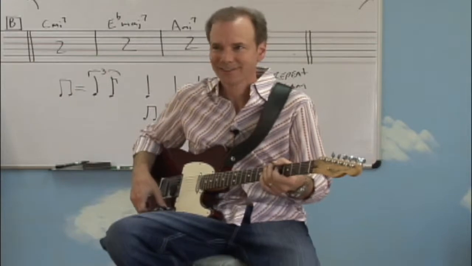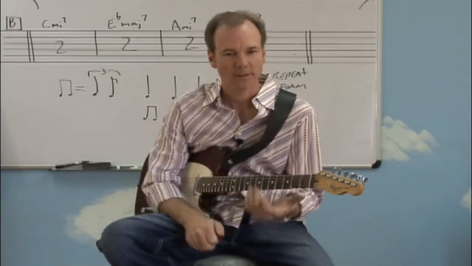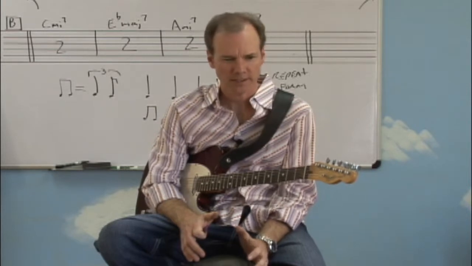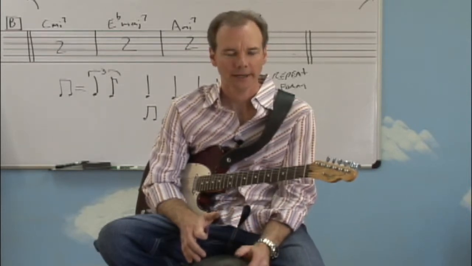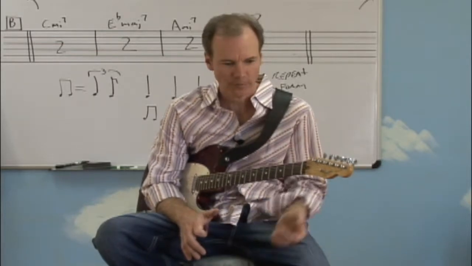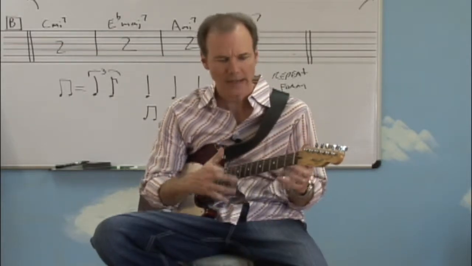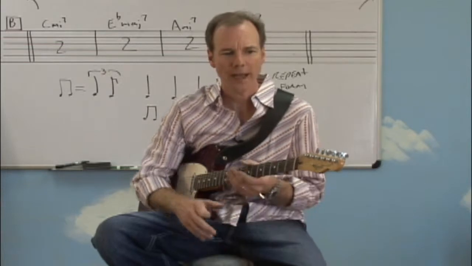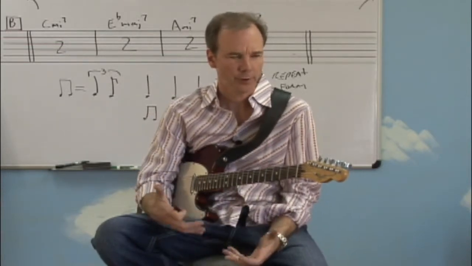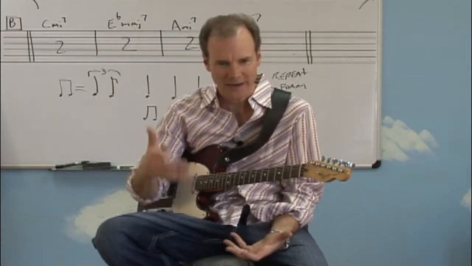Stop. Okay, so simple triplets in this kind of music, a basic rootsy kind of music like blues, it's really important to understand the phrasing and be able to apply that in your patterns of your pentatonics and your scales so that you don't lose the groove of the music because it's so much based around that triplet feel.